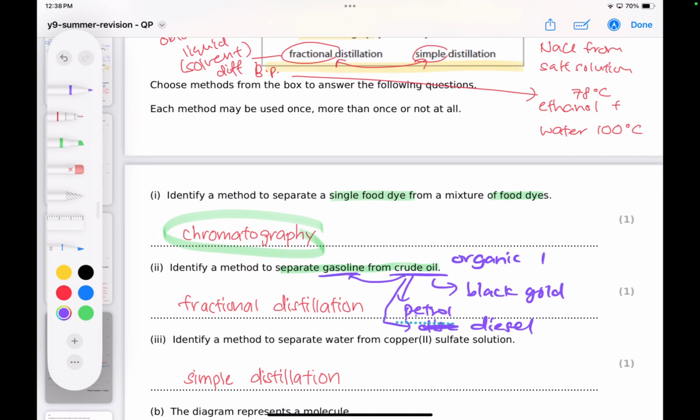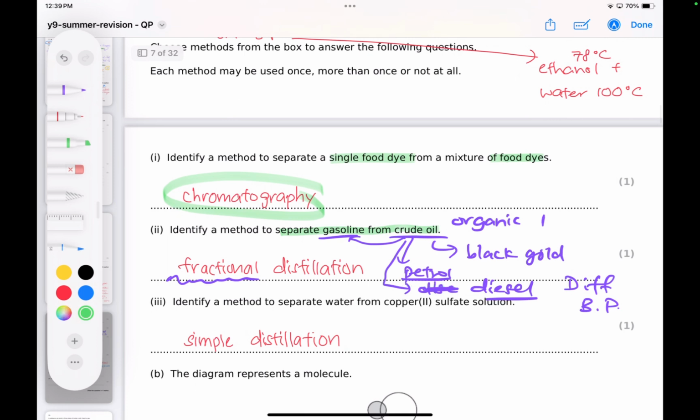Because these different fractions, diesel, petrol, and gasoline, for example, have different boiling points, we can use fractional distillation to extract them. And finally, we have one more example. We want to get water from copper sulfate solution, taking note that we would only want one type of solvent. So we just want the water from this salt solution, so we use simple distillation.